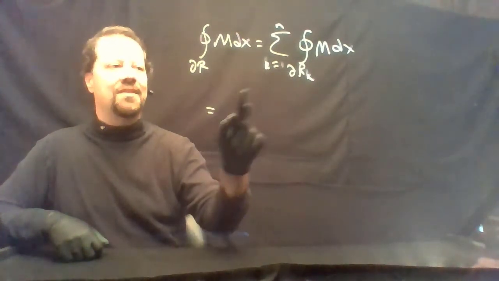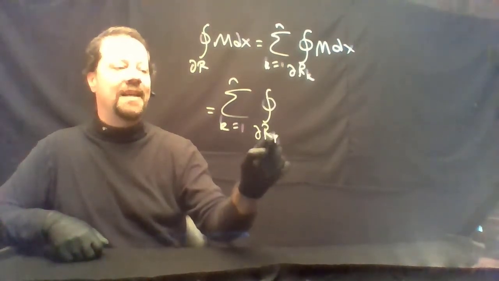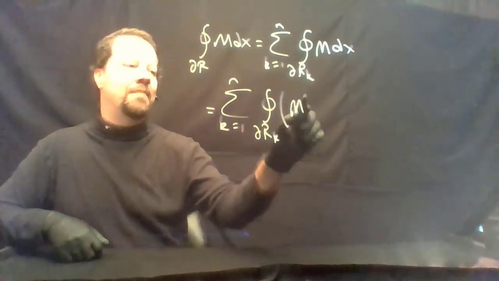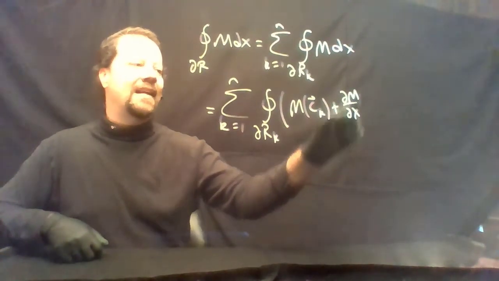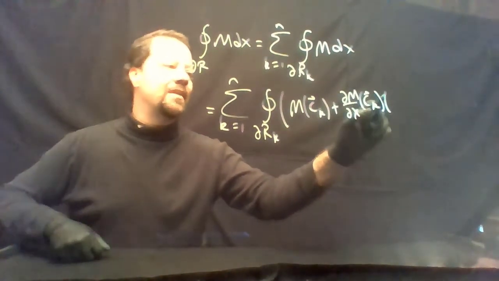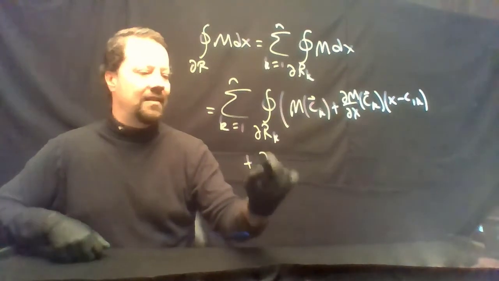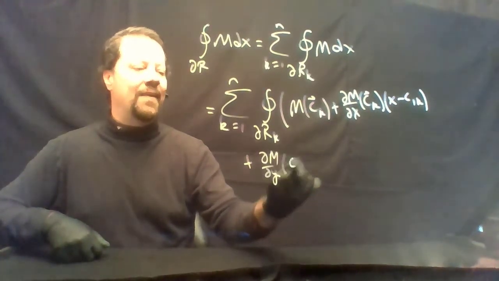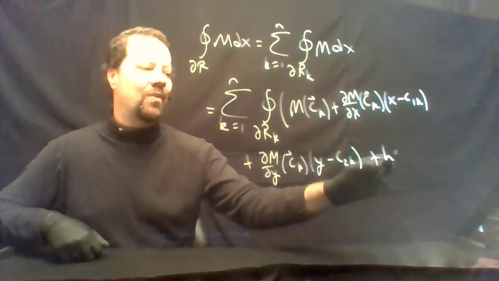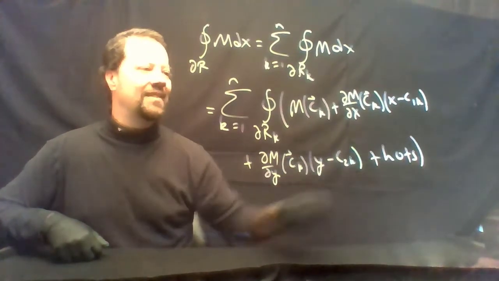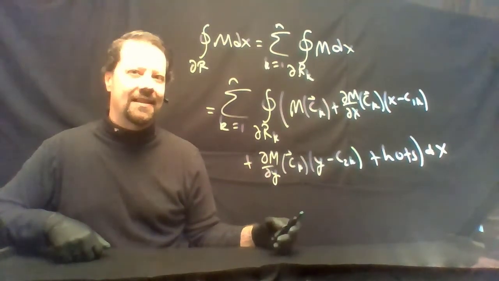But because of Taylor's theorem, that's the sum, as k goes from 1 to n, of the integral around the boundary of the R sub k's of m evaluated at c sub k, plus dm dx at c sub k times x minus c1k, plus dm dy evaluated at ck times y minus c2k, plus higher order terms, all times dx. Now let's think about this.